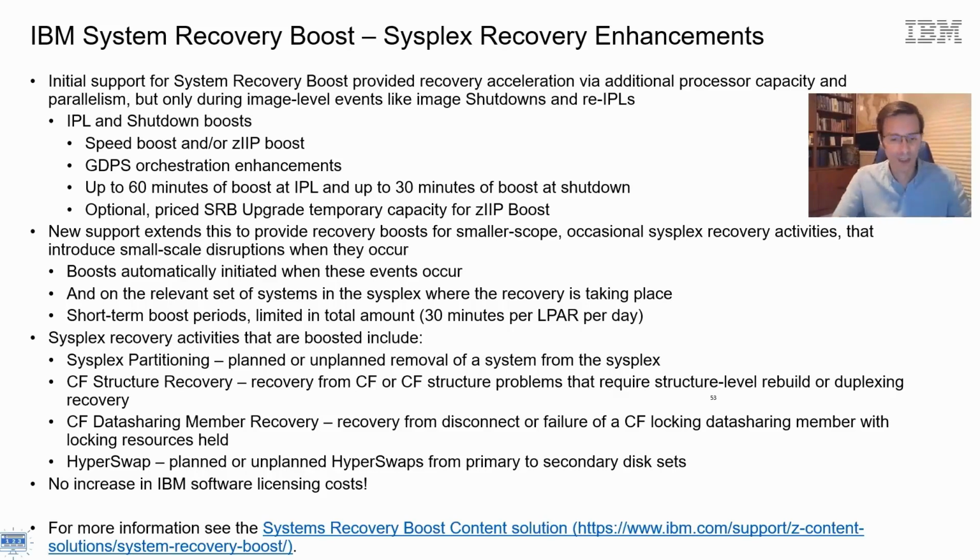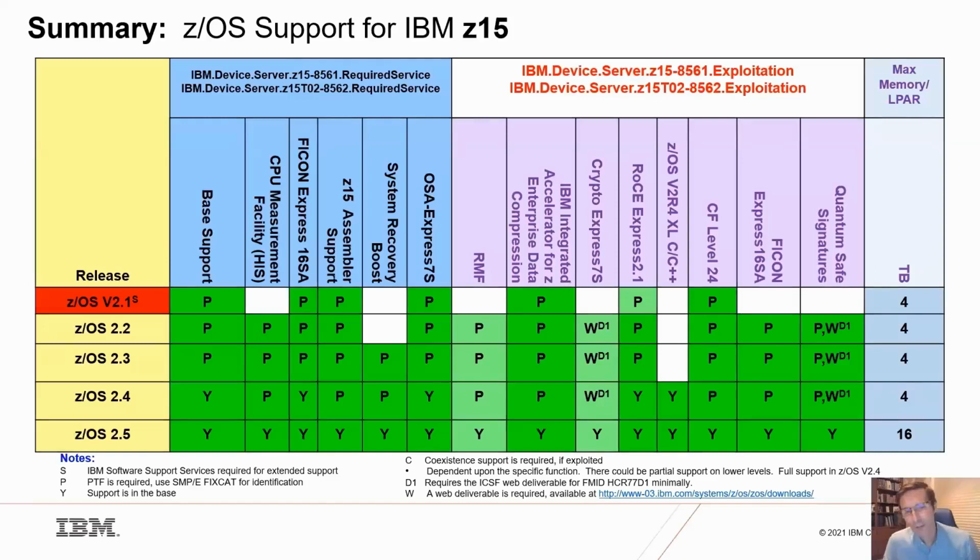For more information, we would encourage you to check out this link listed at the bottom of the screen. This is a great chart that Marna has put together that demonstrates how you obtain support for a lot of the functionality that we've talked about over the last 45 minutes or so. And in particular, do you need PTFs?